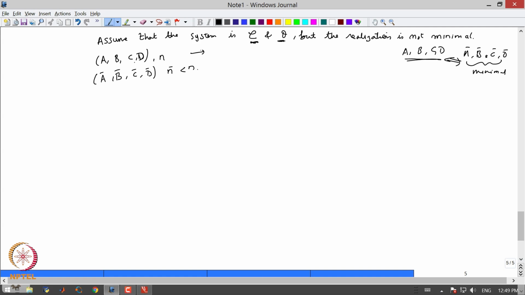Now, I just look at the controllability and observability matrices of this system.